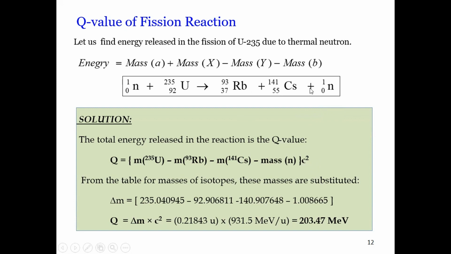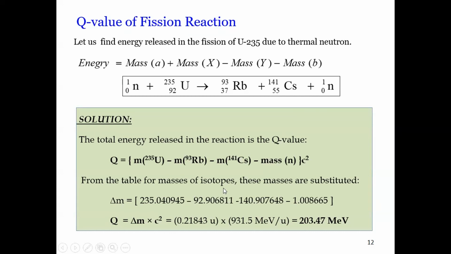I'm sorry, we have not included the 2 neutrons here, and that is why the 1 neutron is shown here. More than 1 neutrons are released here, and therefore we were not able to show that. But in this particular case, we see the 2 neutrons and the 1 neutron originally. So the net 1 neutron mass is there.